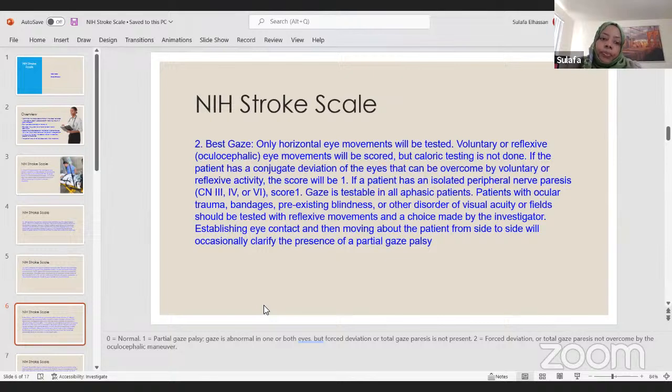And the key: if the best gaze was normal, we'll give 0. If there is partial gaze palsy, where gaze is abnormal in one or both eyes but forced deviation or total gaze paresis is not present, we'll give 1. We'll give 2 if forced deviation or total gaze paresis is not overcome by the oculocephalic maneuver.